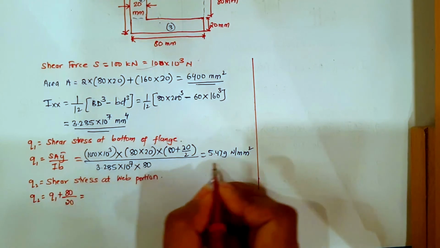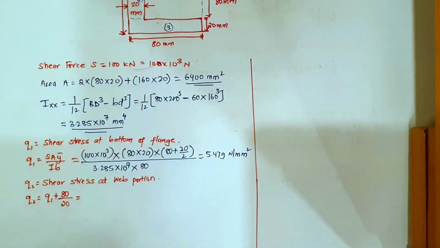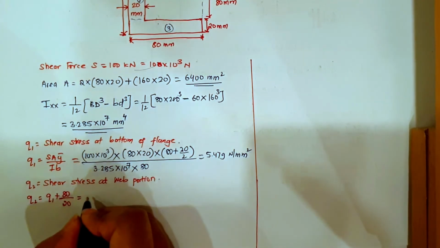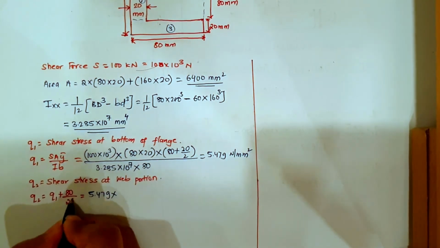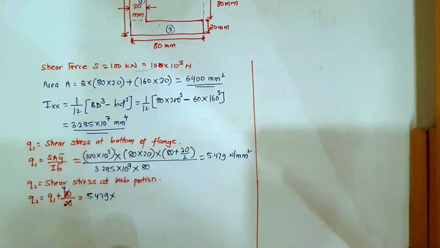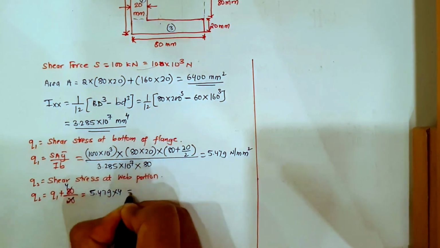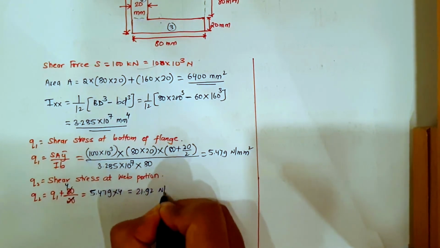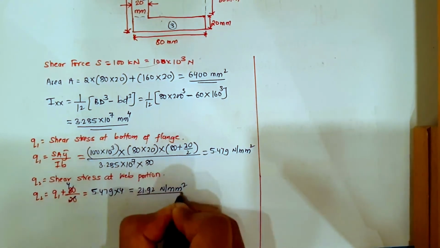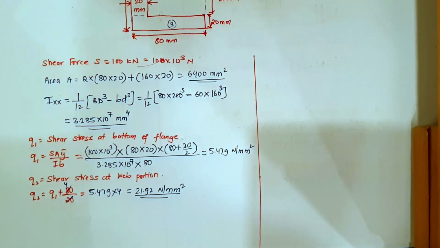Now Q1 कितना मिला है? Q1 came equal to 5.479 into 4, which is 80 by 20, so into 4 will give you 21.92 Newton per mm square. So this is Q2.